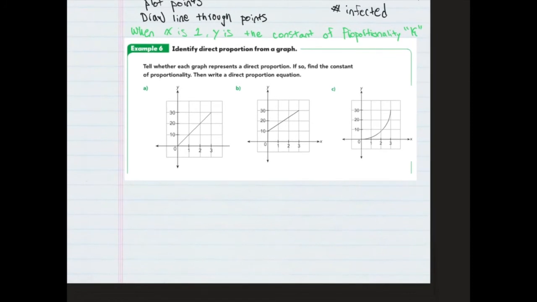So let's look at A. A starts at 0, 0. So we can say that's good. This does not start at 0, 0. This one starts at 0, 10. Don't want that. And this last one does start at 0, 0.